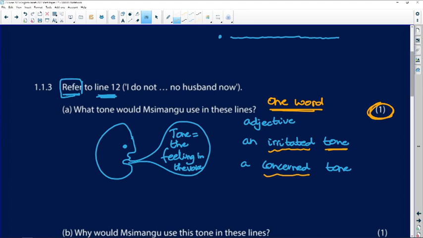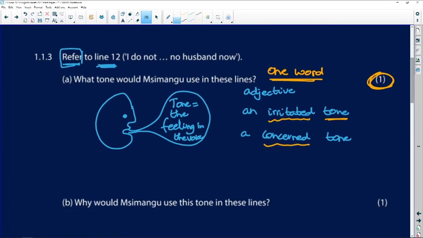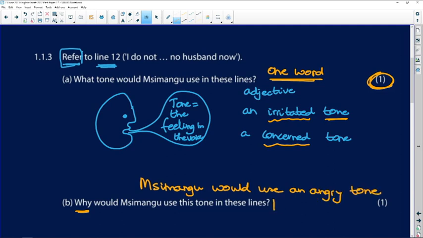Now look at the second part of the question. This is how it's usually set out. Why? Now the advice from my HOD is to begin with Msimangu, so we're telling you who we're talking about, would use an, let's say we're saying angry, an angry tone because.